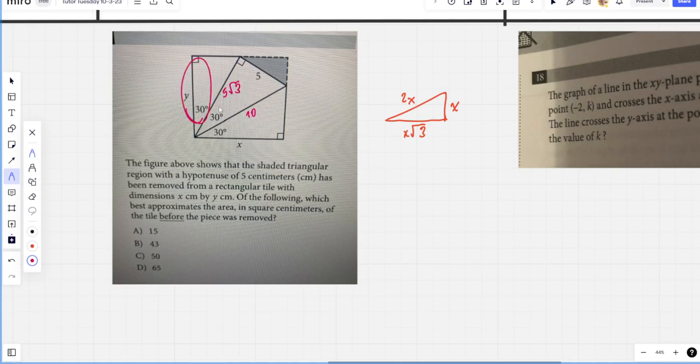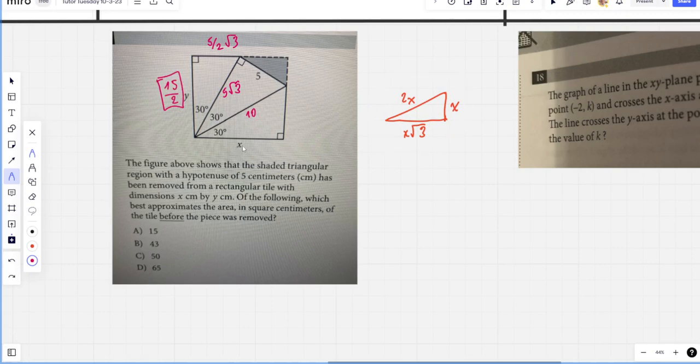But this right here is also a 30, 60, 90 triangle, where the hypotenuse is 5 root 3. This part should be 5 over 2 root 3, and this part should be 5 over 2 times 3, which is 15 over 2. So we found the value of y by applying this relationship.